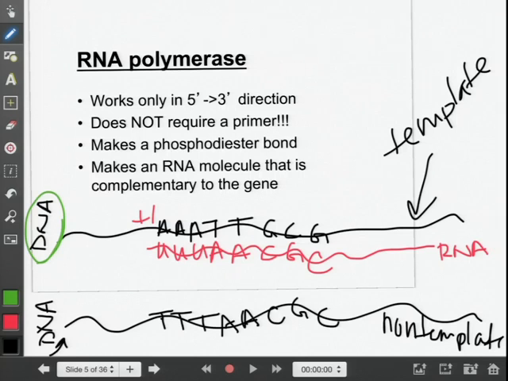Right? Because hydrogen bonding happens if two nucleotides that can do it are close enough together. It's just chemistry. Okay? Hydrogen bonding is going to happen if there's anything complementary, DNA, RNA, RNA, RNA, DNA, DNA, doesn't matter. Right? Anti-parallel, complementary.